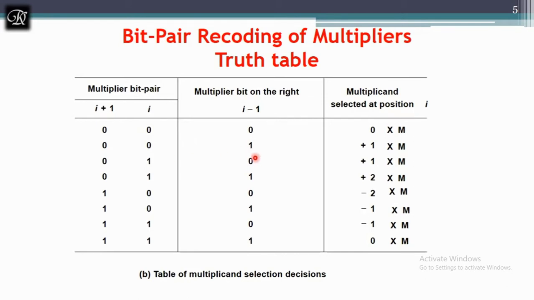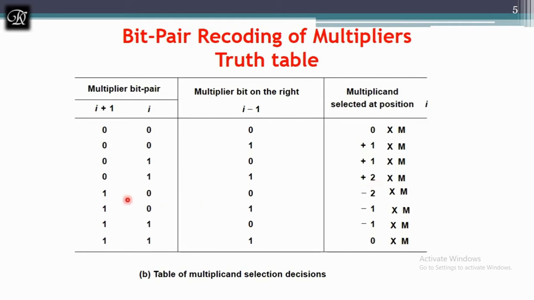When the previous bit is 1 and the next 2 bits are 0, then it's going to be multiplied with positive 1. When the next bit is 0, current bit is 1 and previous bit is 0, then also the multiplicand is multiplied with 1. Next, when previous bit is 1, current bit is 1 and next bit is 0, then it's going to be multiplied with plus 2. It means double of the given multiplicand.